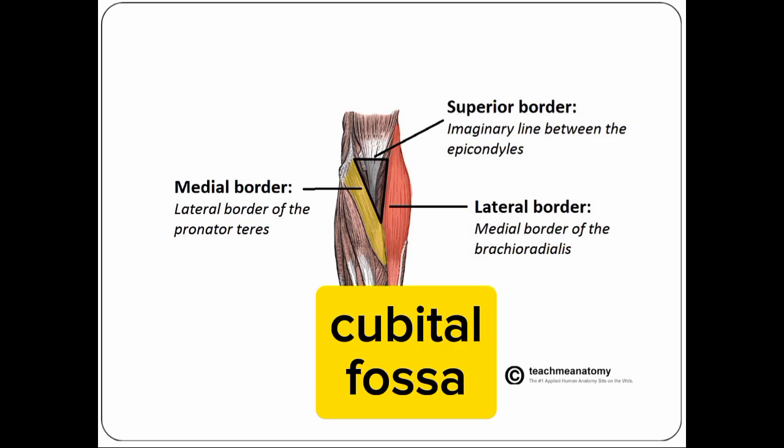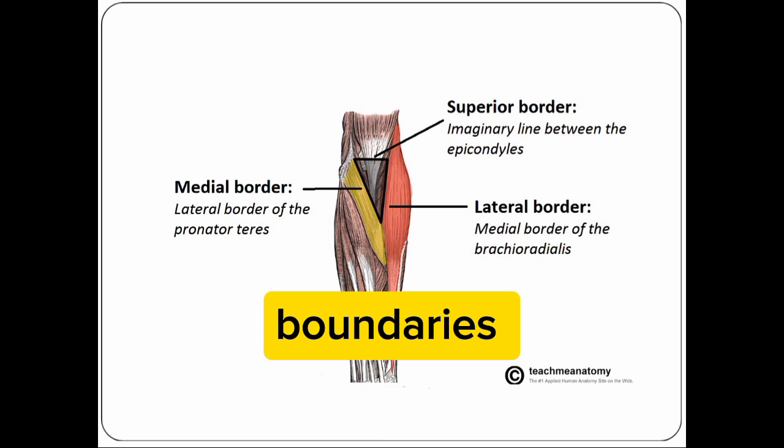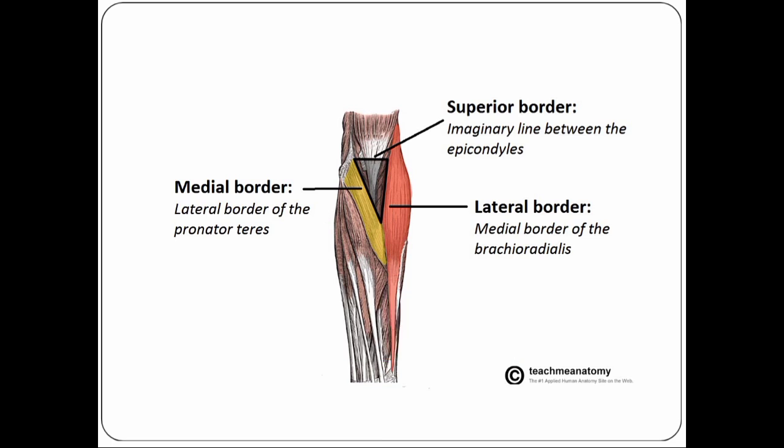The cubital fossa is a triangular shaped depression. When we talk about the boundaries of the cubital fossa, it has five main boundaries. The lateral boundary is formed by the brachioradialis muscle, while the medial boundary is formed by the pronator teres muscle, and its base is formed by the imaginary line crossing from the medial to lateral epicondyles.